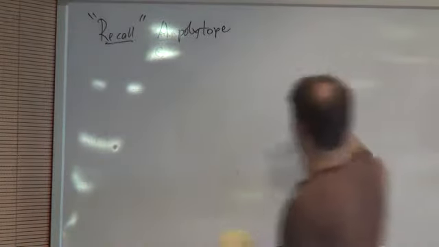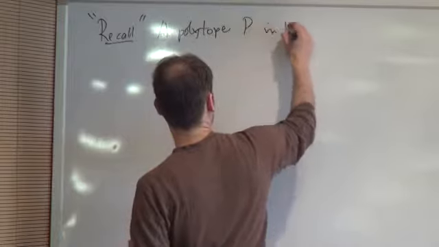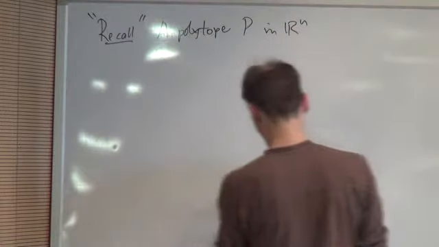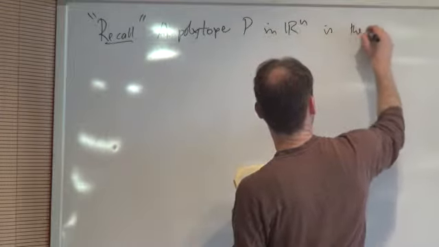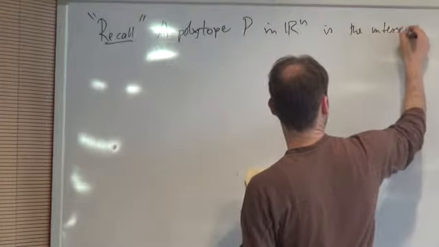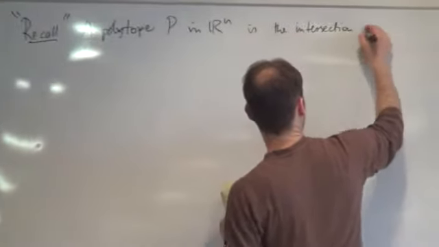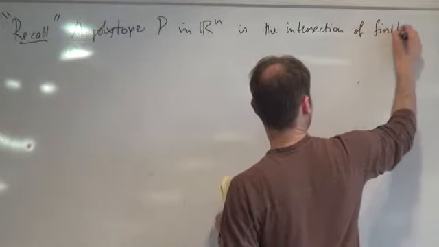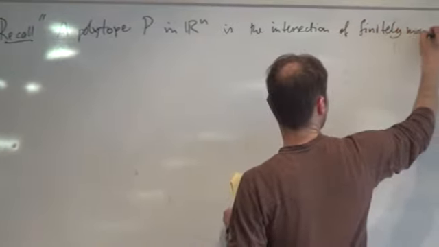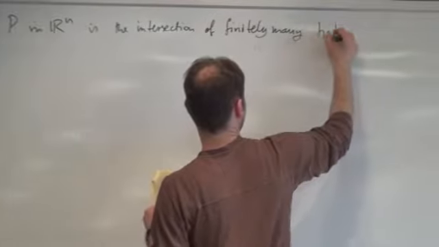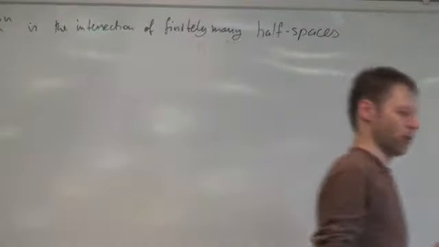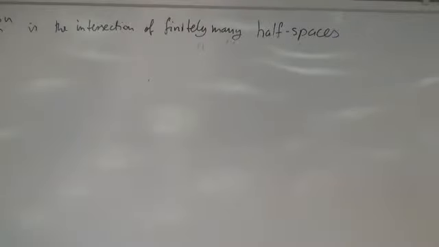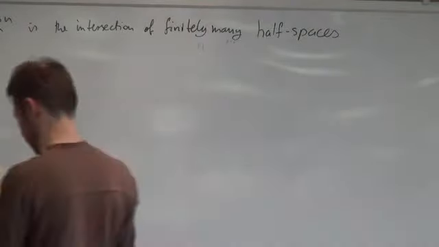But a polytope P in R^n is the intersection of finitely many half spaces. Right, there are two ways to think of polytopes: as a convex hull of finitely many points, or dually as an intersection of finitely many half spaces.